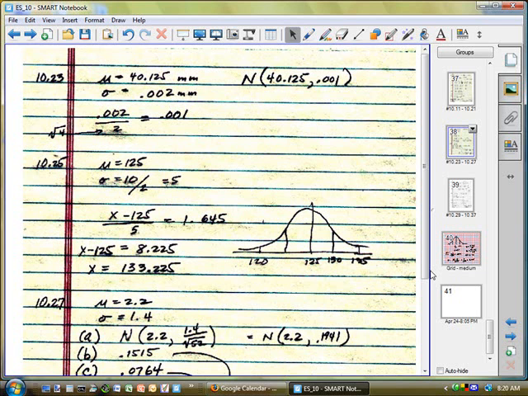It says you want it to be less than 5%. Go to your table, and this time you're reading out of the inside of the table, and you're trying to find as close as you can to 0.05. And it's pretty close to negative 1.6.